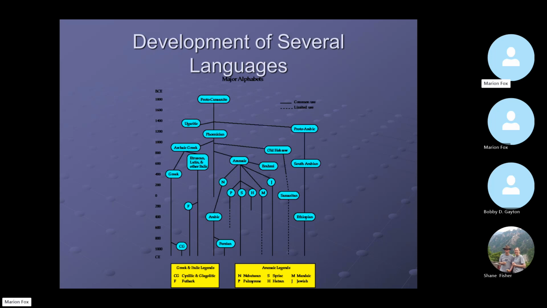Russian and some of the other languages like Ukrainian are Cyrillic languages, and they come out of the Greek. They are actually a Hellenic language, which Hellas is the word for Greek. So they're structured like the Greek language. Here are other languages that came out of it, Old Hebrew, Samaritan, and so forth. So these all came out of this Semitic base.